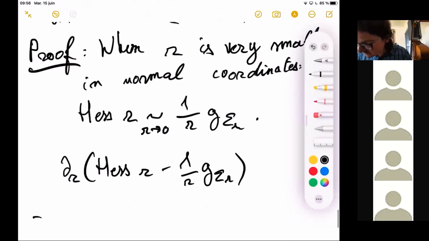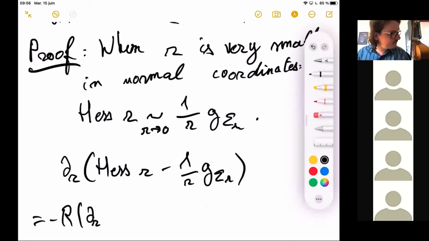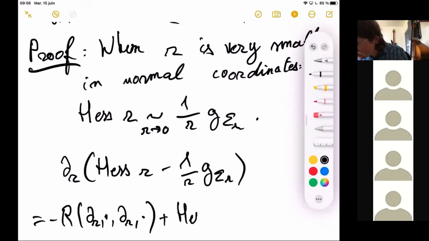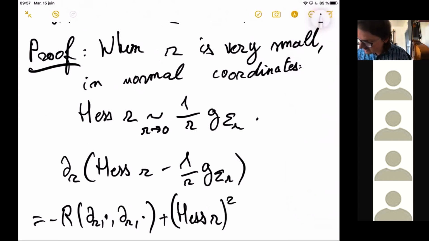Then we can use our computation. So this is minus R of, so this sectional curvature term. Okay. Then plus the square of the Hessian seen as a matrix. And then we differentiate that guy.